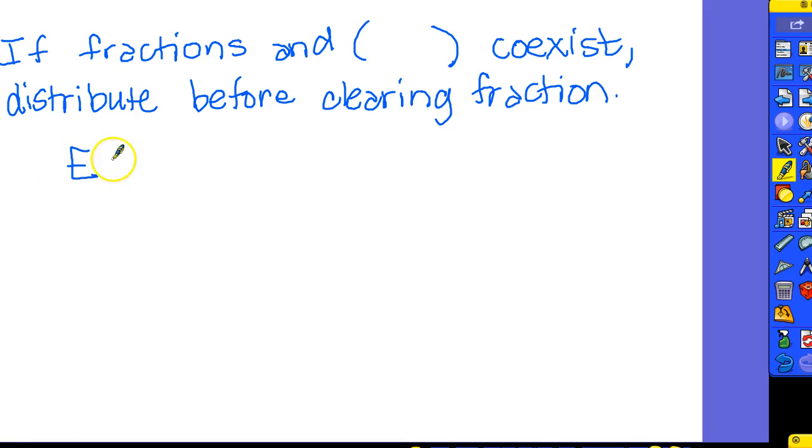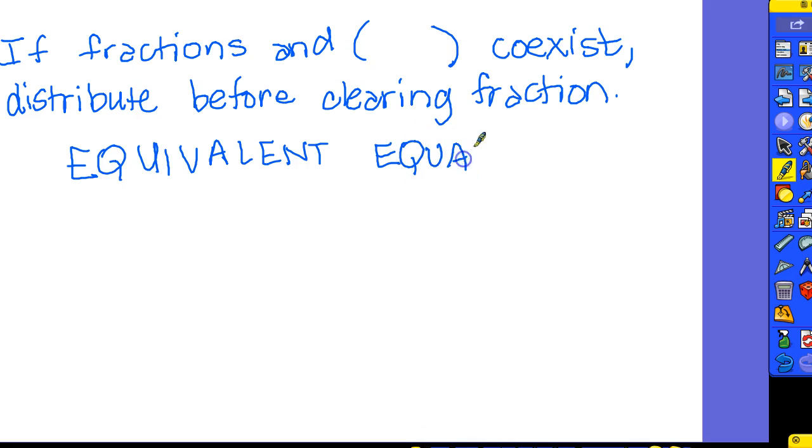We're going to call these equivalent equations.